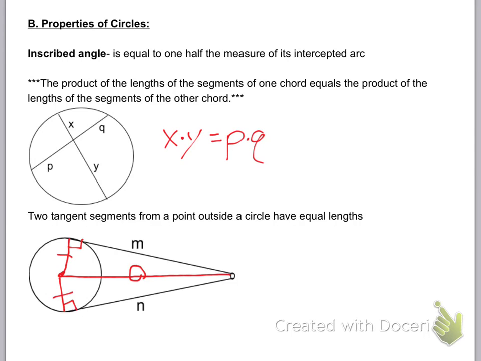And then there was that phrase, corresponding parts of congruent triangles are congruent, CPCTC. If these 2 triangles are congruent, then M and N have to be congruent because of CPCTC. We just proved this, guys, that M is equal to N. Very cool. So now we can use it.